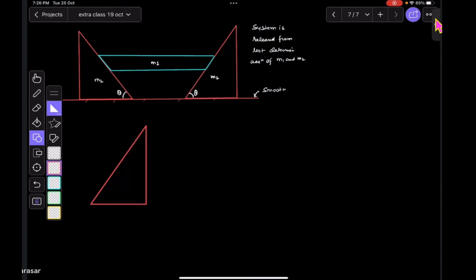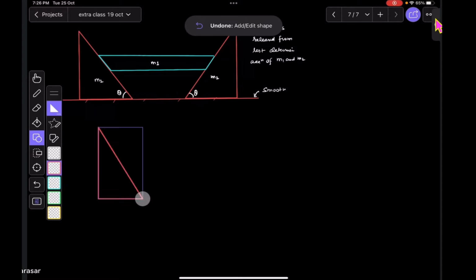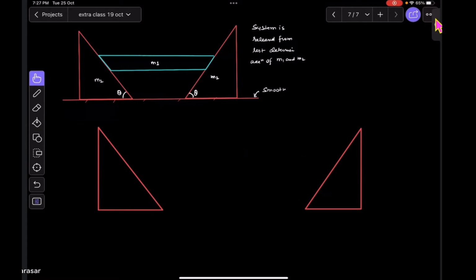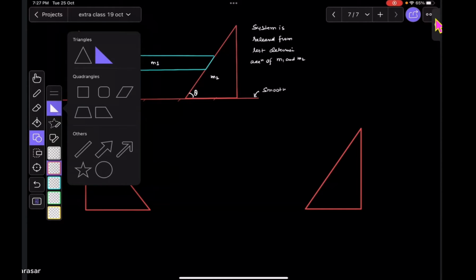So if you draw the free body diagram of both the wedges, just a moment. And also the rod. So all of you have tried this question, no?